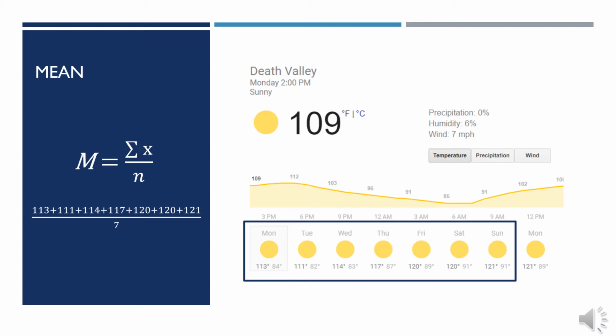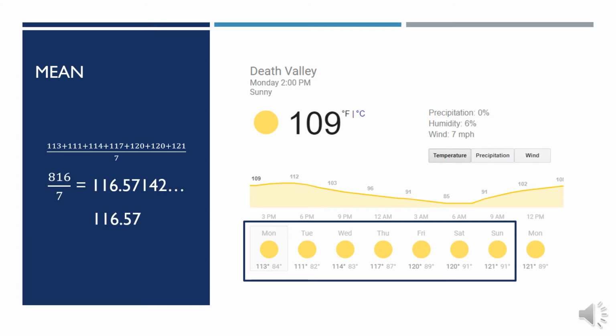To calculate the mean of this set of data, we will want to add up all of those values together in our numerator. In our denominator, we will divide by the total number of values in our sample, which in this case is going to be 7. When we add up all of the values, we end up with 816 over 7.